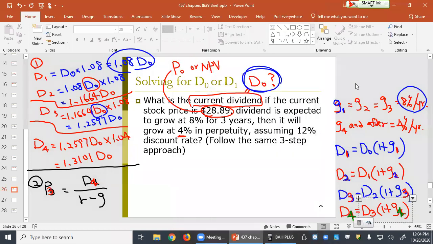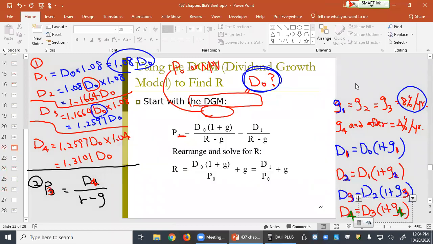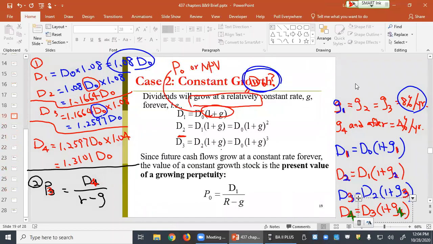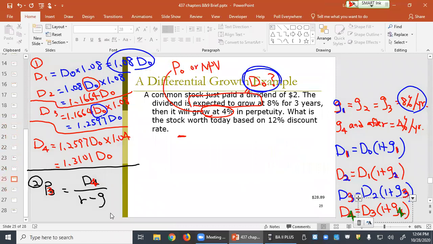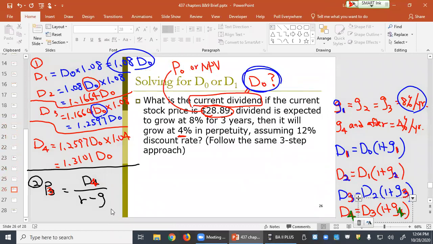So let me bring back that equation here. Model 2, the constant growth equation, is this one. Given D1 in the numerator, you can solve for P0. If you don't quite remember everything, you can always go back to review the previous lecture. But one more thing: which G should we plug in here?